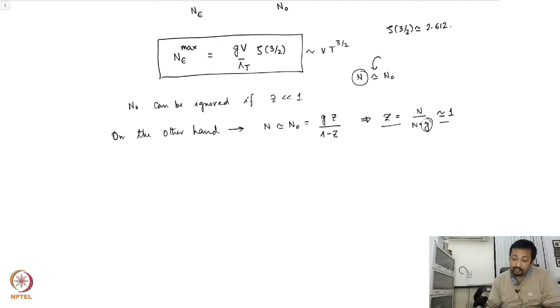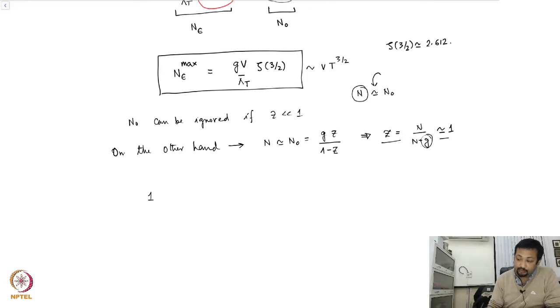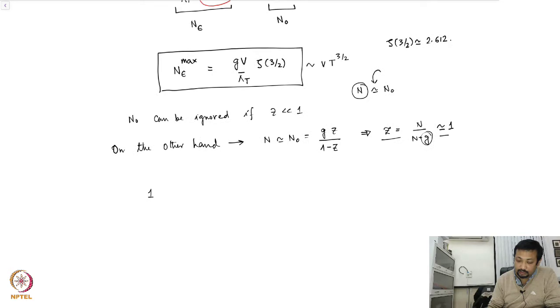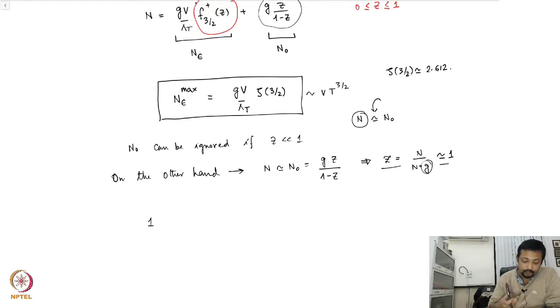So in the thermodynamic limit, we rewrite this equation which we had over here. We had the expression N equal to N_epsilon plus N_0.